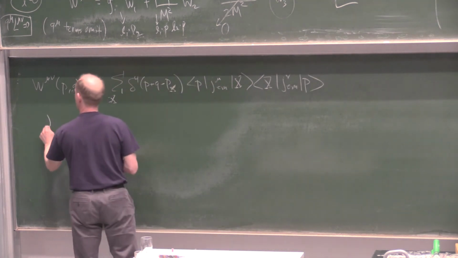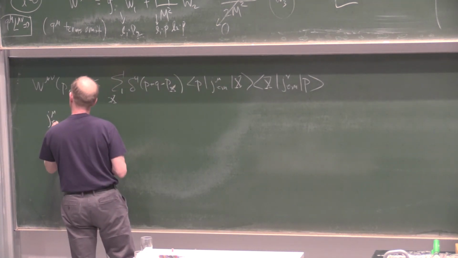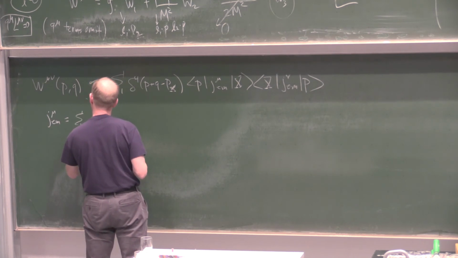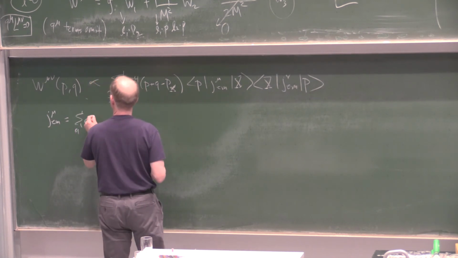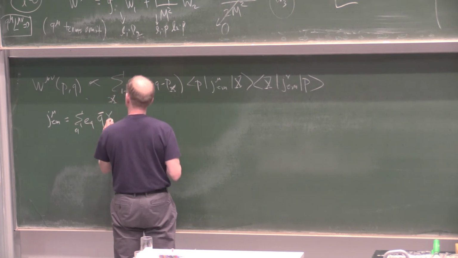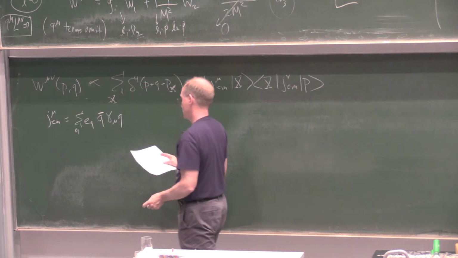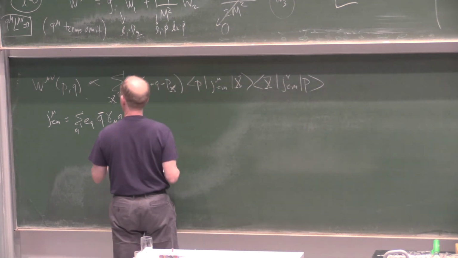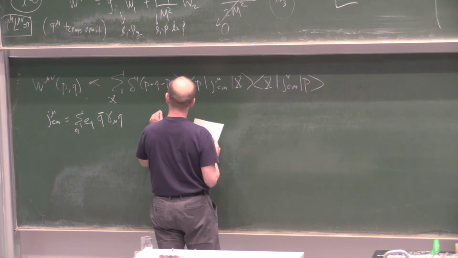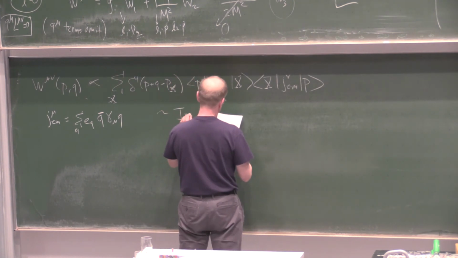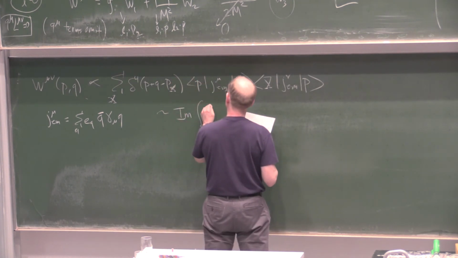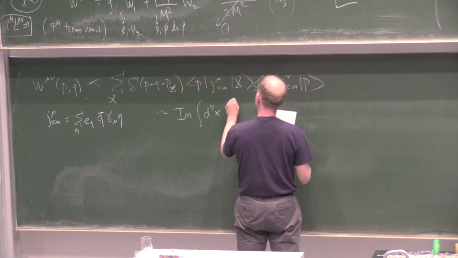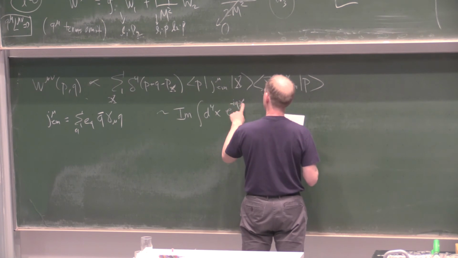And there's the electromagnetic current. And this is also basically the imaginary part of a Fourier transform with momentum q.